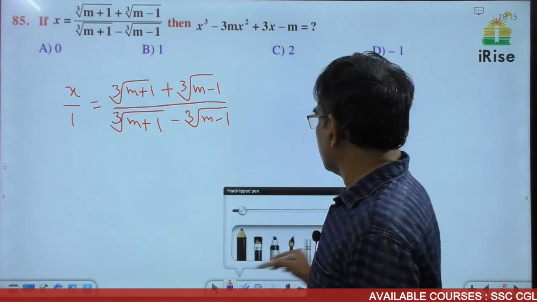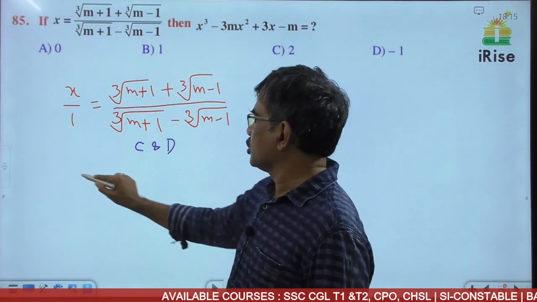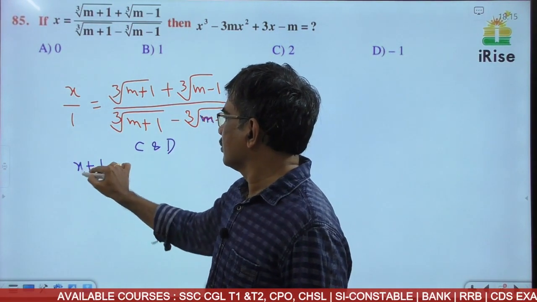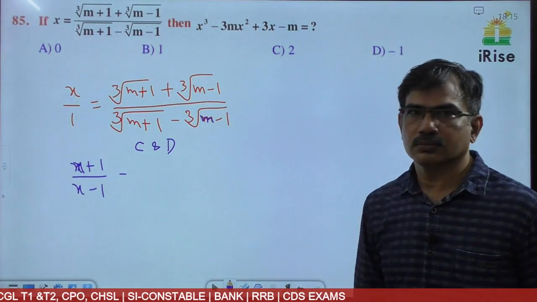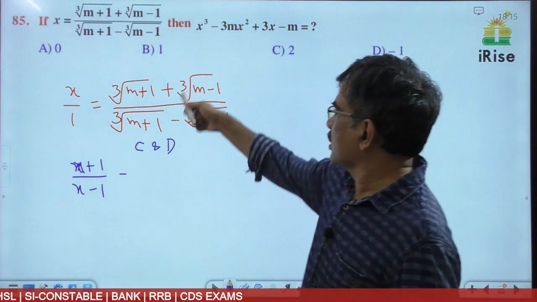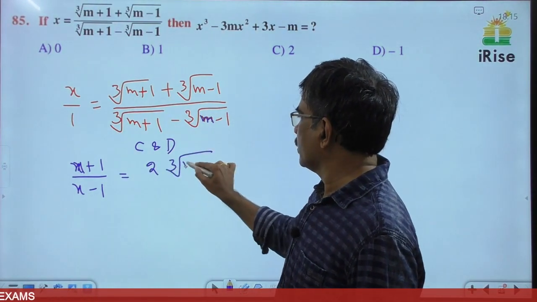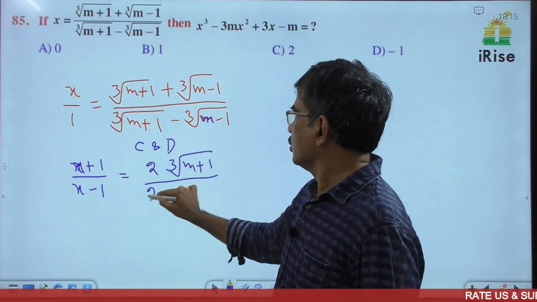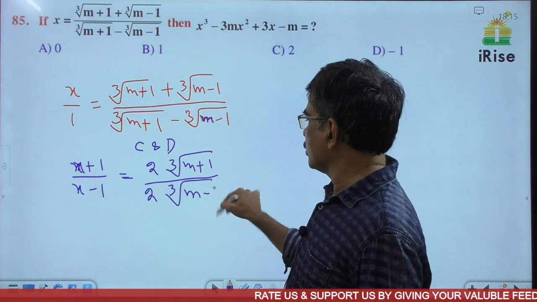Apply componendo and dividendo. Add these two. (x+1)/(x−1) is equal to the sum of these two, 2 into cube root of (m+1), by 2 into cube root of (m−1).